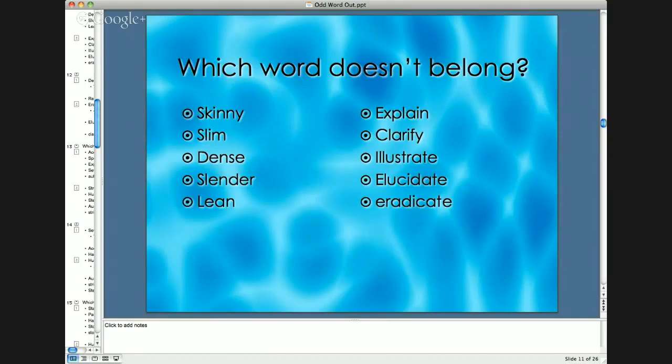Good. And the next one, explain, clarify, illustrate, elucidate, eradicate. Which one doesn't belong?